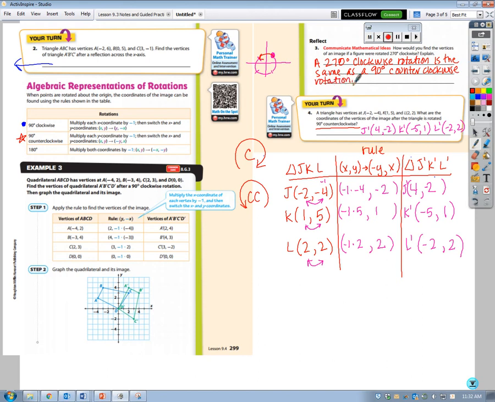Okay, so the rule that I would use then would be for a 90 degree counterclockwise rotation, in which case that's the rule that we just used. You would change the sign of the y-coordinate and then switch x and y. And that's what we did by multiplying by negative 1. We changed the sign of the y. Then switch x and y.